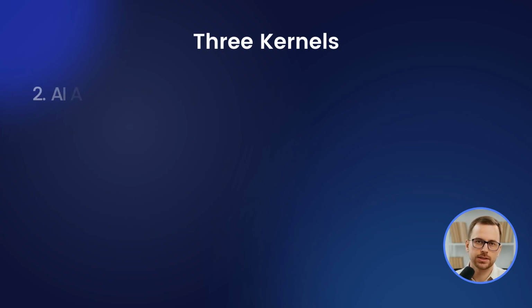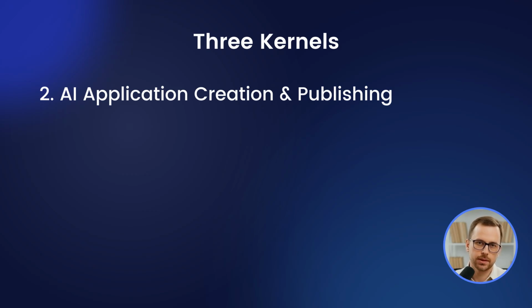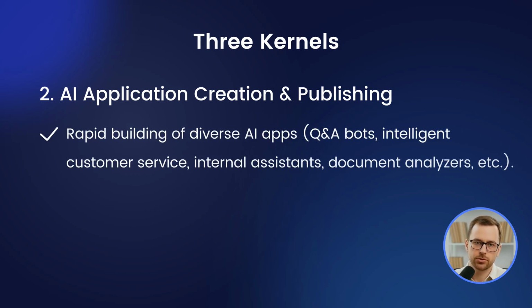The second kernel is AI application creation and publishing. This is designed to ensure AI doesn't just stay in the prototype phase, but becomes a real, launchable business application. You can quickly build diverse AI applications like Q&A bots, intelligent customer service, internal assistants, document analyzers, and more.